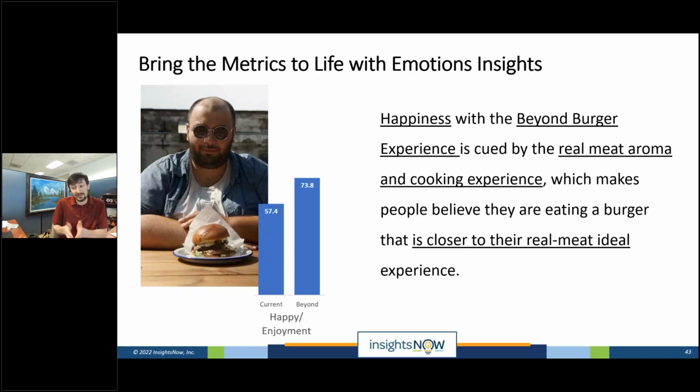And remember, in this particular case, we start with the fact that using the insights wheel, we would say, okay, I know happiness/enjoyment is not a product specific element, but it's about the overall experience that a person is having. So I'm going to look for cues that are less product qualities oriented and more experience oriented to help explain what this is all about.